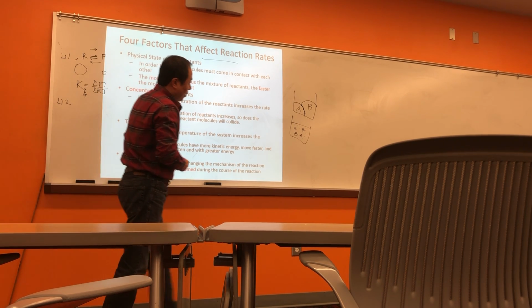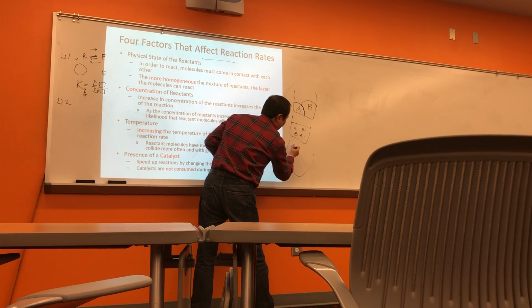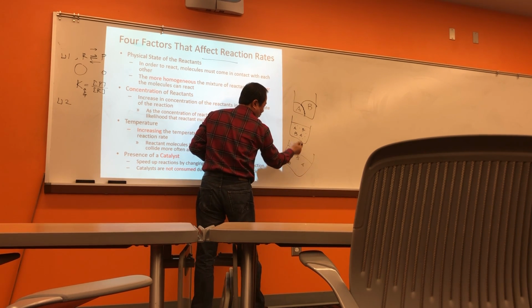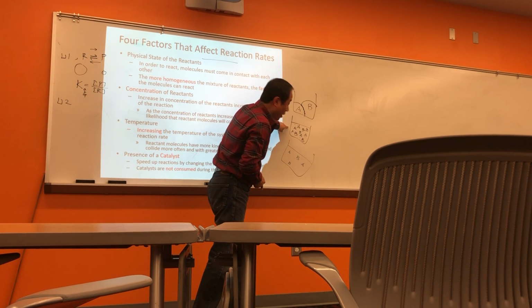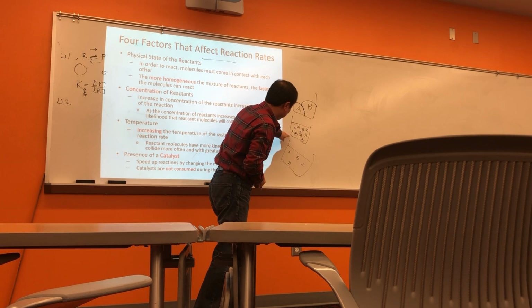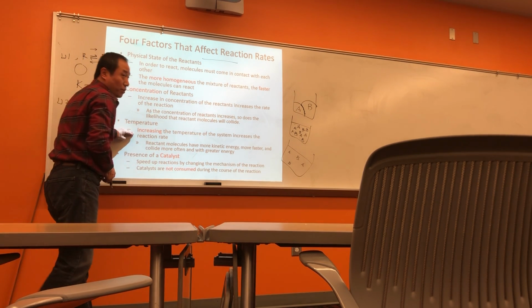Concentration. If you have a little bit of A or a little bit of B, there's less chance to mix these molecules together compared to you have a large amount of A, B here, right? So higher concentration will definitely help reaction go faster. That's another factor. Also temperature.